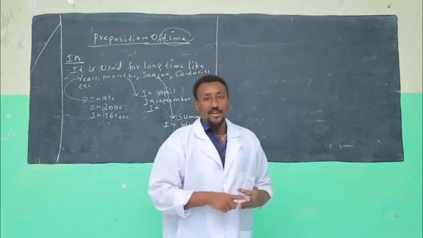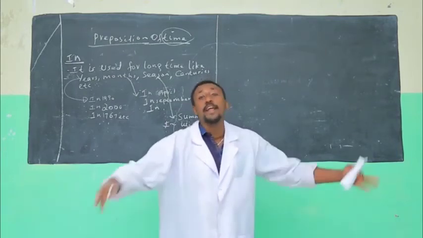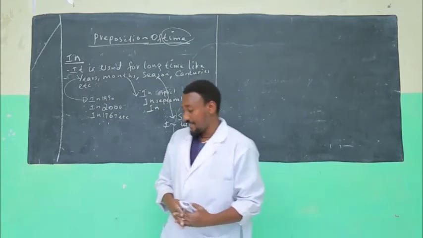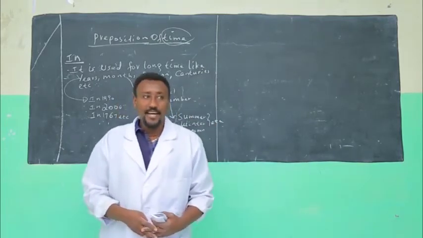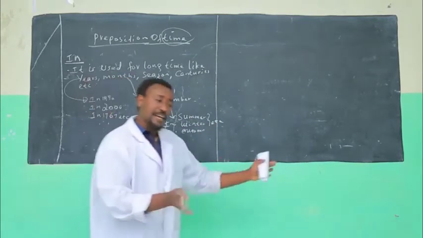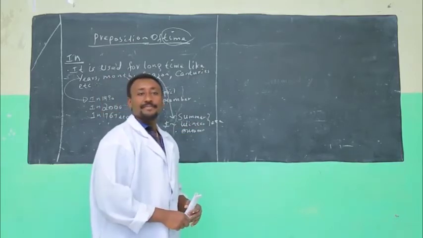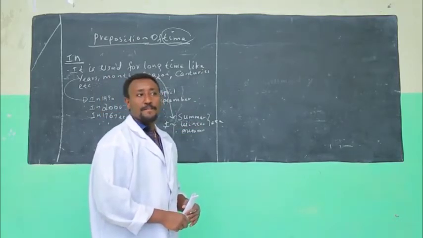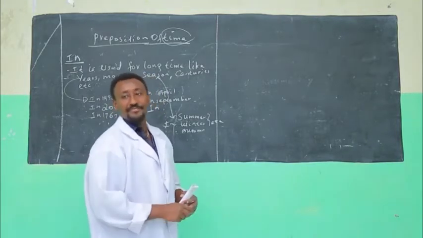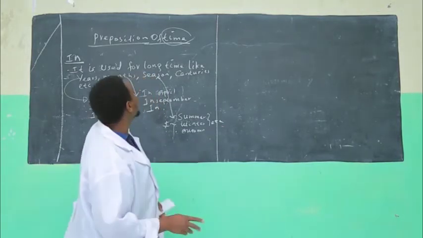We have 12 months, and these months can be classified in different seasons. Rainy season, and some maybe hot season, and we classify in that way.